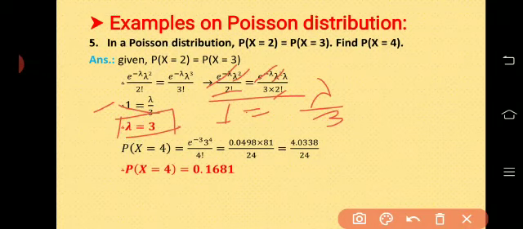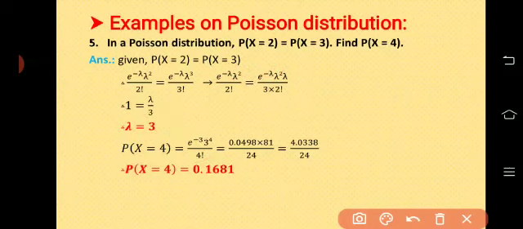Therefore, probability of x equal to 4 is equal to e raised to minus lambda. Now lambda is 3, so e raised to minus 3 into lambda raised to x, that is lambda raised to 4, divided by 4 factorial.